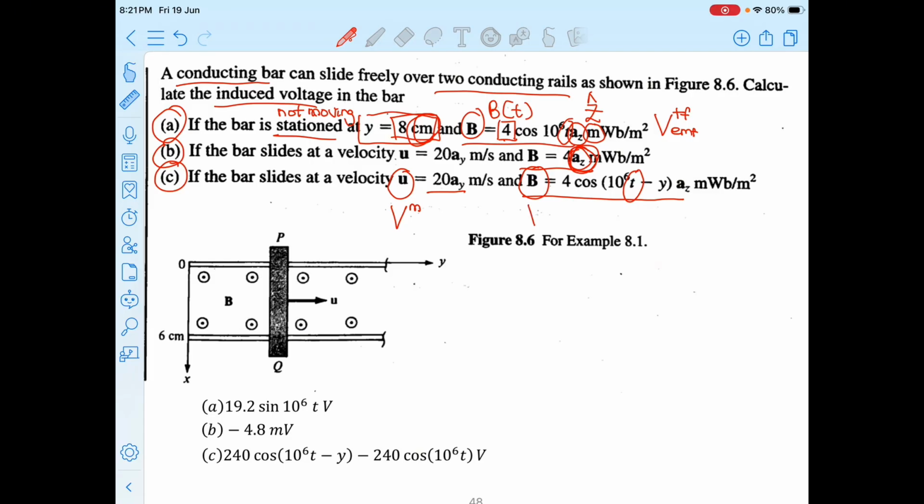So you are going to have transformer EMF as well. The total voltage generated will be the sum of both the transformer and motional EMF.